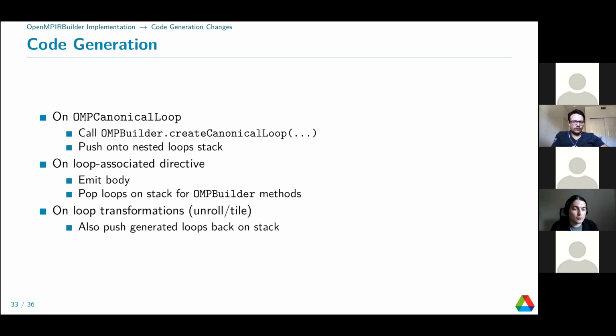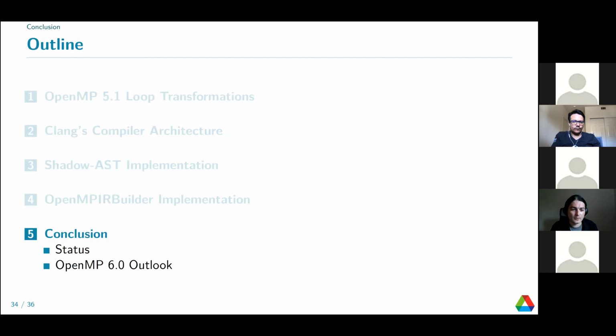When you get a loop associated directive, you first emit all the OMP canonical loops in the associated statements, and then look in the loop stack for these OMP canonical loops that you can pass on to the methods that implement these directives. The only difference for a loop transformation is that they return another canonical loop info that you also push back on the stack.